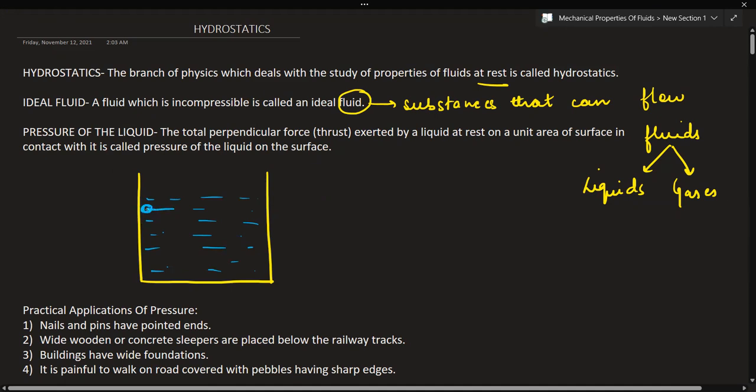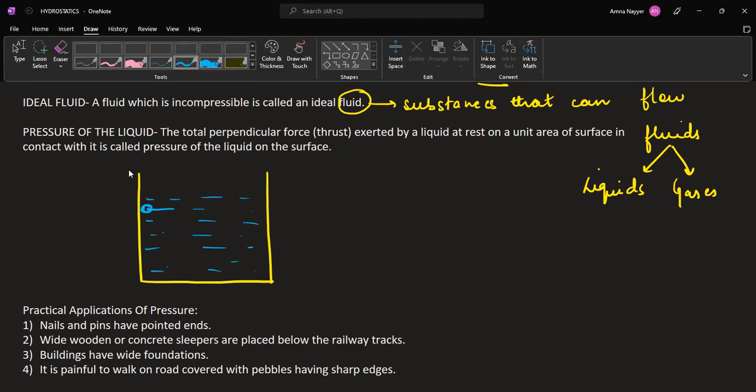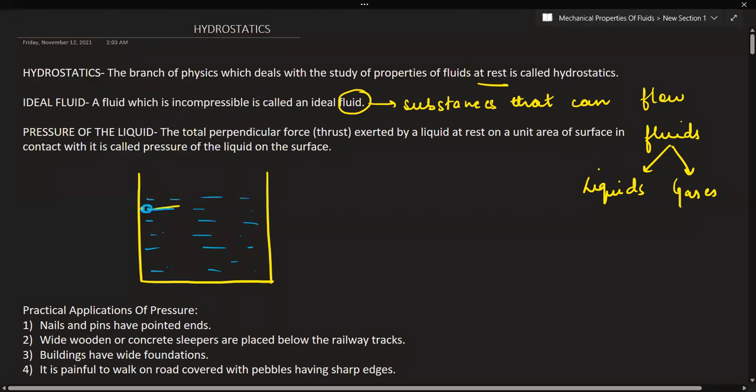So the perpendicular force, at 90 degrees, exerted on the walls of the container is known as thrust. It's the force perpendicular to the surface. And fluids at rest exert force on the walls of the container.